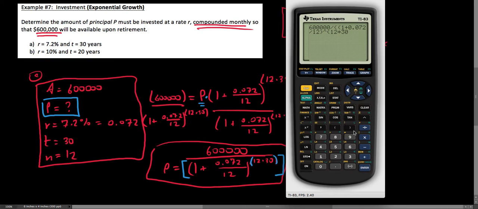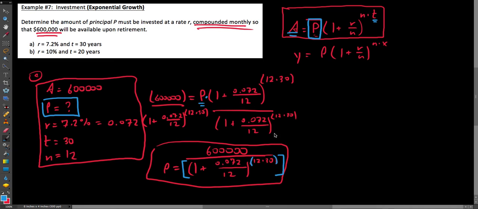So we have to end our parenthesis on our exponent, and then we have one final end parenthesis, and that kind of just seals up everything in this denominator here. And so as we hit enter, what we determine is that we have about $69,643 and 12 cents, and this is in dollars, okay?